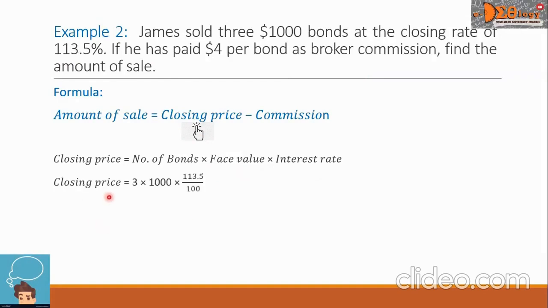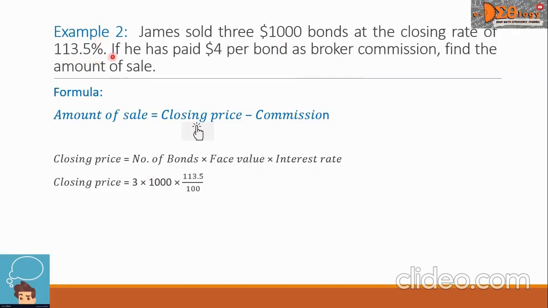The closing price now equals the number of bonds is 3 times the face value, that is 1,000, times the interest rate, which is 113.5%.